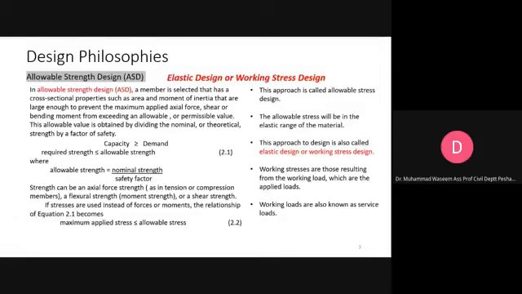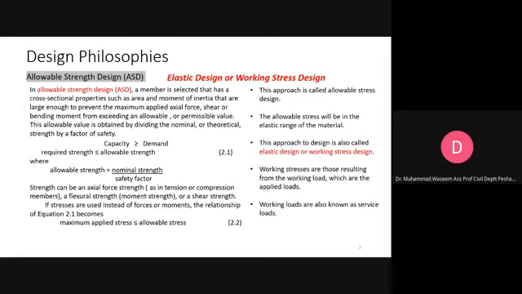In the ASD philosophy, the allowable value is obtained by dividing the nominal, also called theoretical, strength by a factor of safety. So in ASD we make use of a factor of safety.